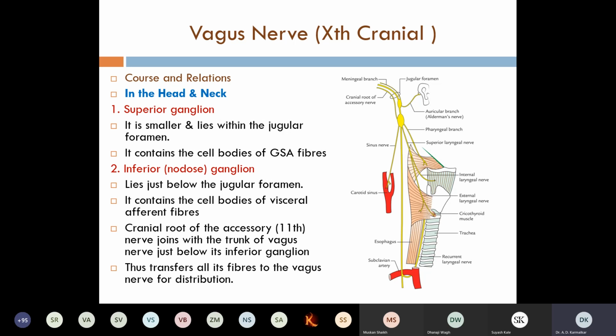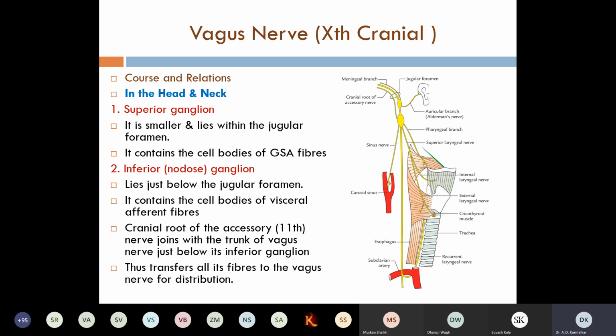If you see this schematic diagram, a very nice, simple diagram, it explains the nerve supply and the relations. The inferior ganglion, also called the nodose ganglion, lies just below the foramen, and it contains the cell bodies of the visceral afferent fibers. One more thing as we go down: just below this trunk, it gives a pharyngeal branch, and this pharyngeal branch of the vagus nerve is joined by the cranial root of the accessory nerve.